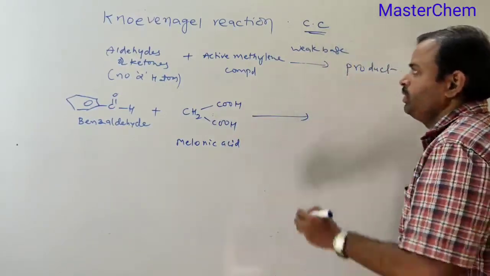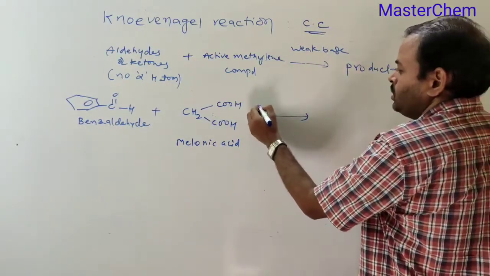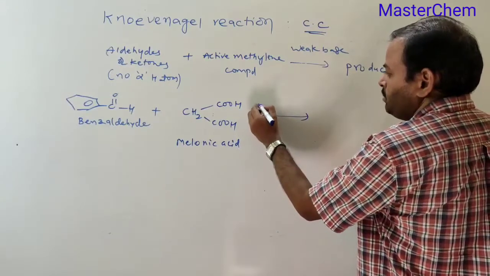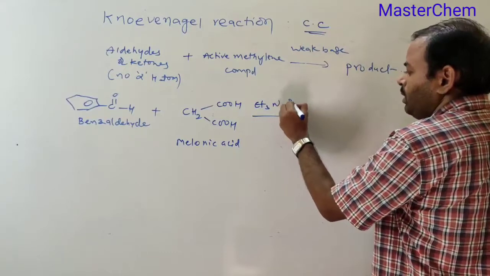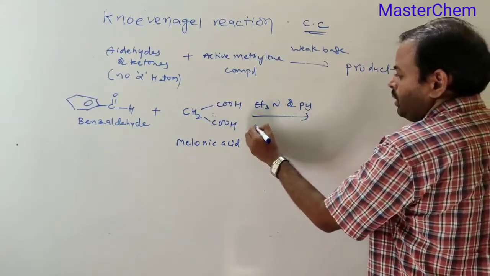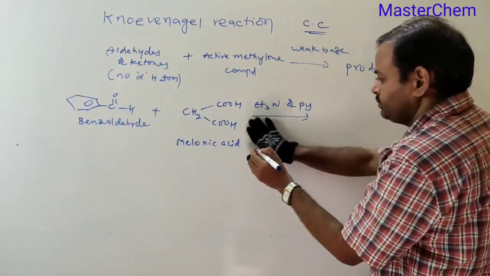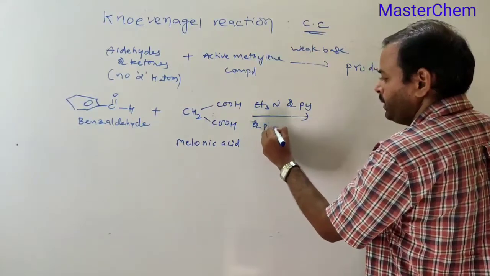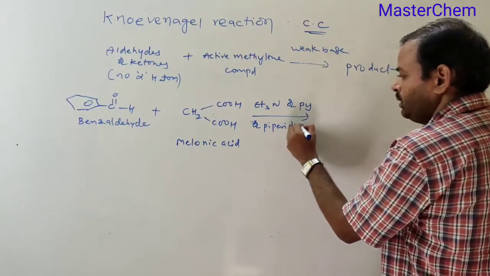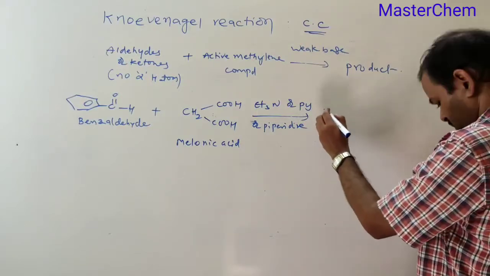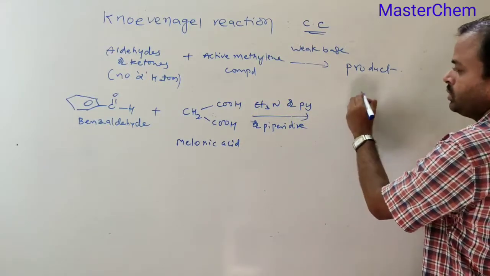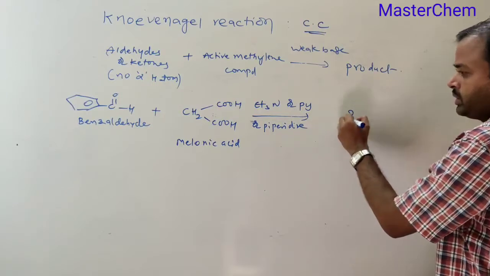In presence of a weak base. This base may be Et3N or pyridine or piperidine. So in presence of this, what is the product?